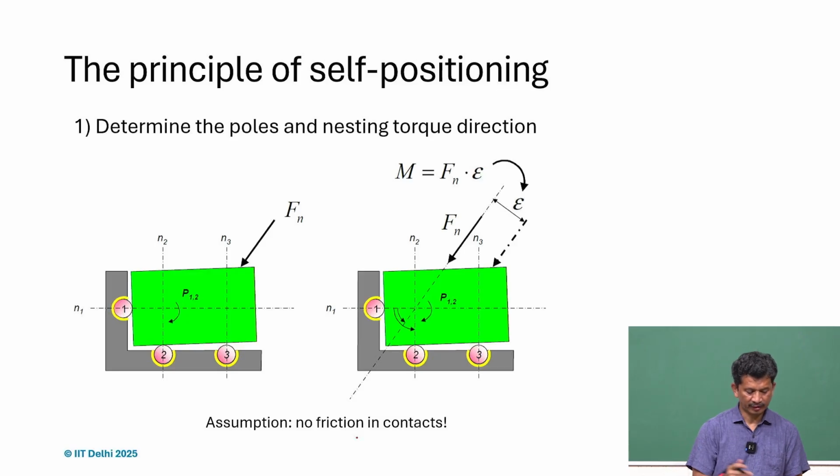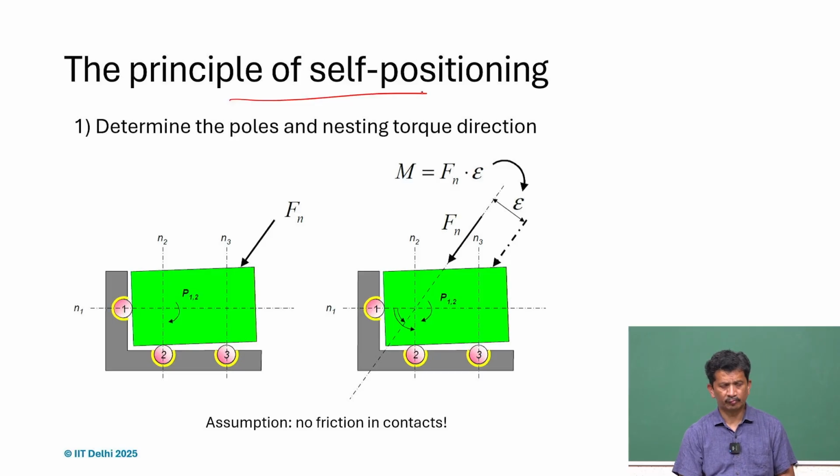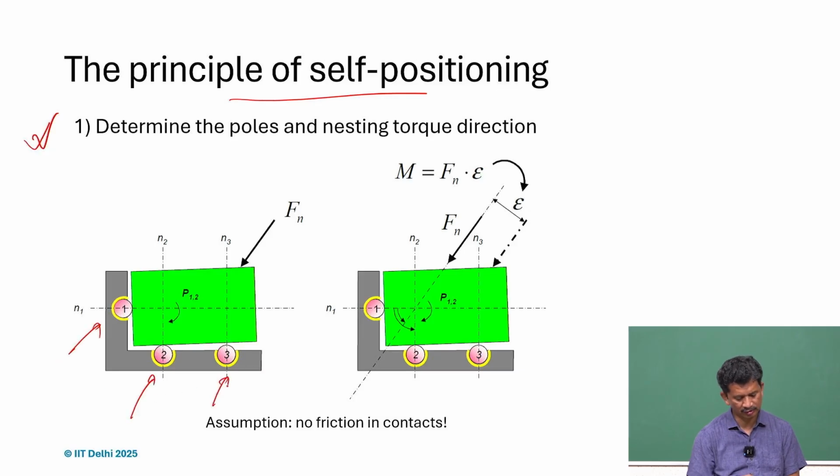Now, the principle of self-positioning: I think we studied this when we covered the calculation of the nesting force window. Suppose these are the three contacts, 1, 2, 3, and these are the three forces. How do we find that nesting window?